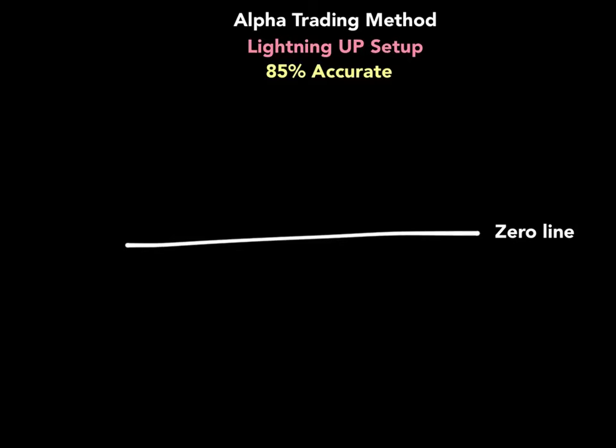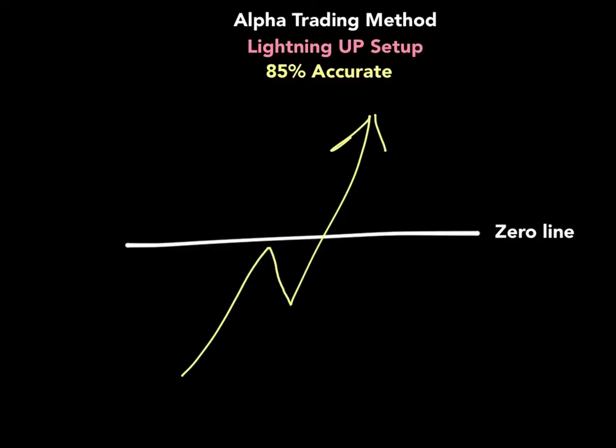So here we go. The first one is you have the line below the zero line, then you have a retracement, and then it goes up. That's your first setup, the lightning up setup.